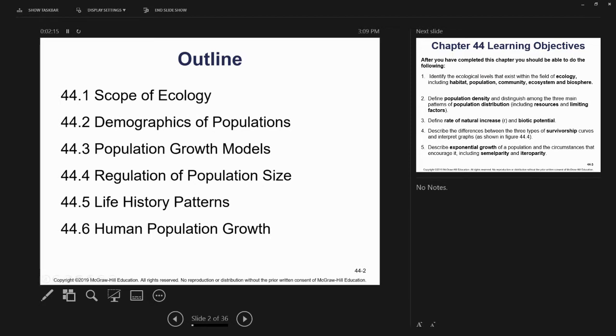We'll look at some life history patterns, some strategies for population growth, and then we'll take a little zoom into specifically human populations. We are living organisms. We are subject to all of the same principles, limitations, and requirements as any other living organism.